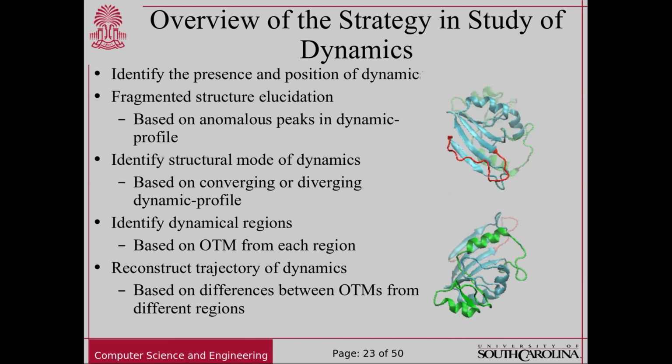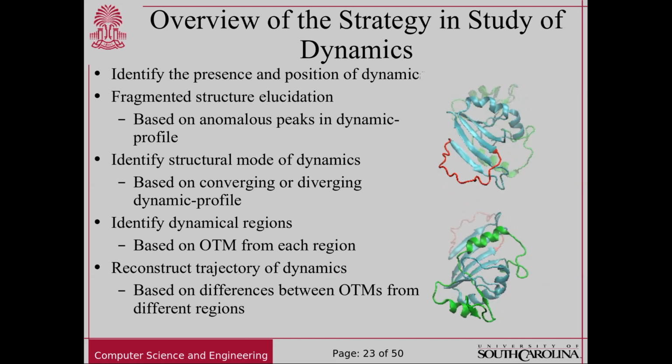And if I manage to extract two structurally coherent, well-defined structures, then with some additional tools in comparing the order tensors that you can obtain from two different domains, you can conclude the structure of one domain is this, the structure of the other domain is that, and the two domains are undergoing rigid body dynamics.